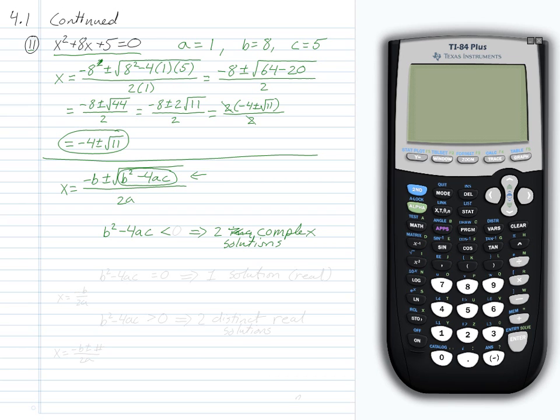On the other hand, if that quantity is 0, so if b squared minus 4ac equals 0, then your solution is just going to look like x equals negative b over 2a, plus or minus 0, so there's no additional information going on, and there's only one solution. And it's real.